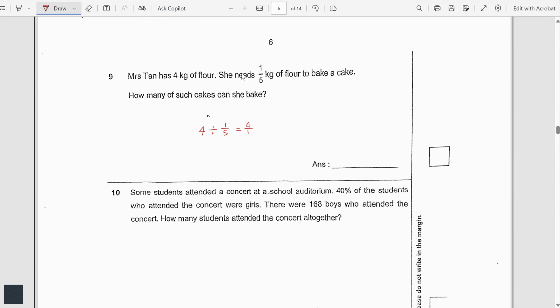So you keep that. Then you change the divide to times, and then you flip the back. And now we multiply. Numerator times numerator is 20. Denominator times denominator is 1. 20/1 is the same as just 20. Okay, so she can bake 20 cakes.